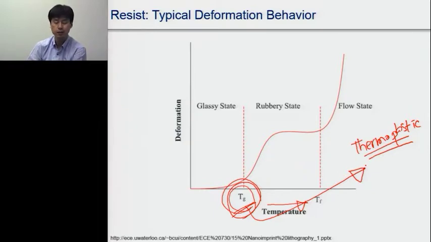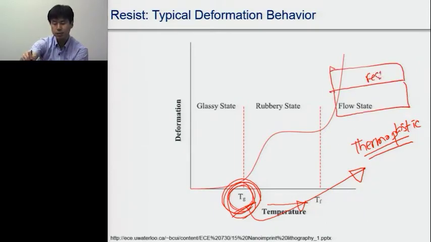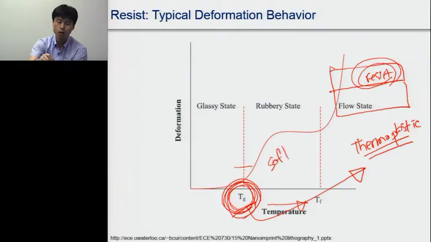When we increase the temperature higher than the glass transition temperature, the spin-cast thermoplastic resist becomes a state between liquid and solid. It is not a perfect solid, it is a softer state.